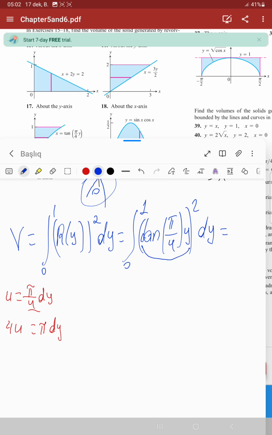Now, instead of pi over 4 y, we'll write u. From 0 to 1, tangent squared u du.